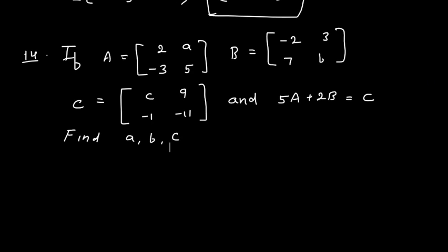So this 14th question is, if A, B and C are given and 5A plus 2B is C, then we have to find the value of small a, b and c.